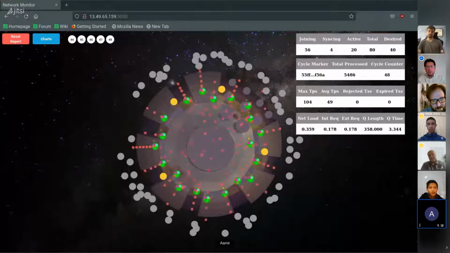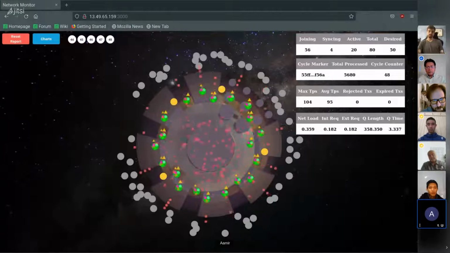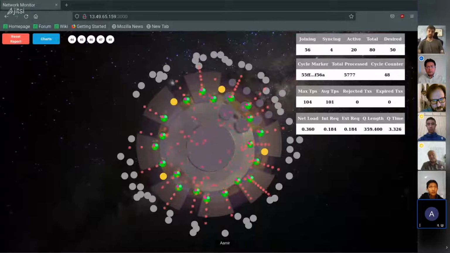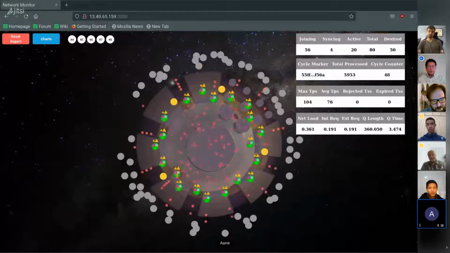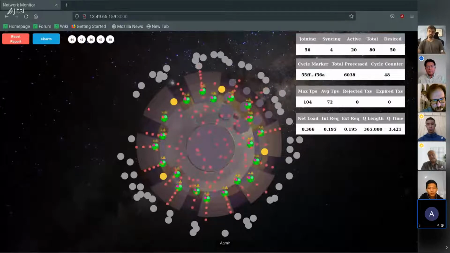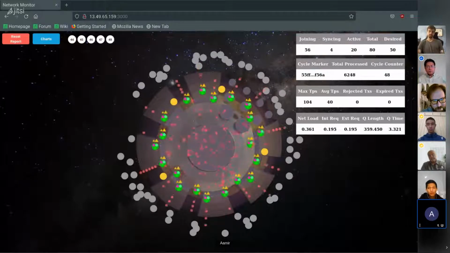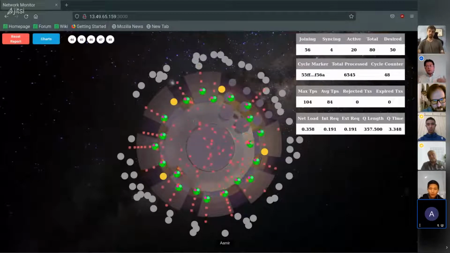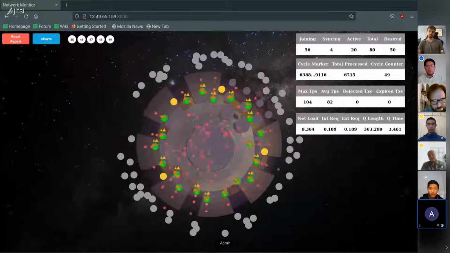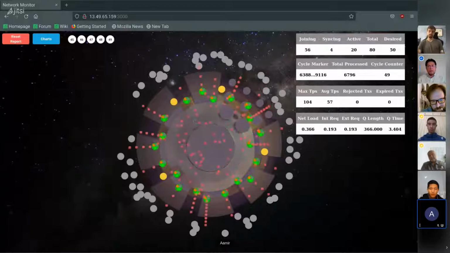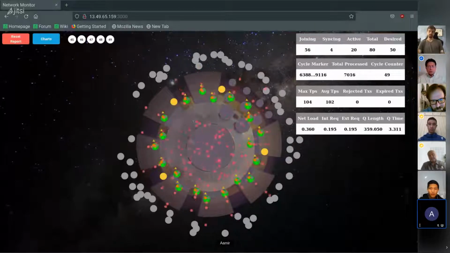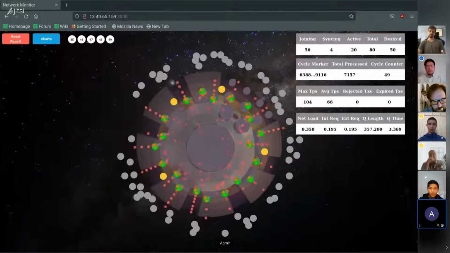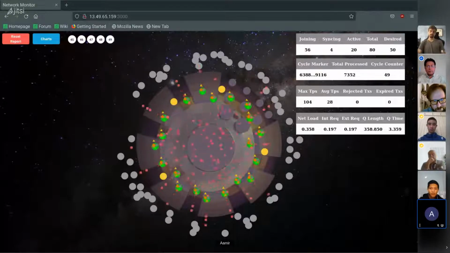And these little red dots that you see flying around, those represent transactions. So the transactions are coming from our clients that send a load to the network. Those clients are actually not shown. So it just kind of seems like the transactions are just coming out of nowhere.